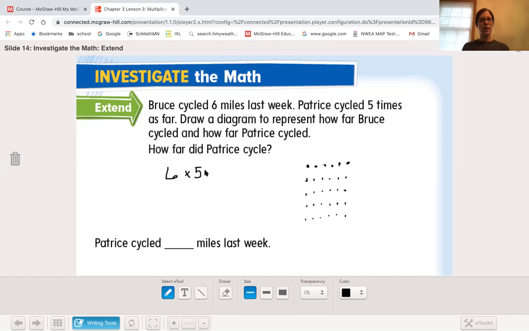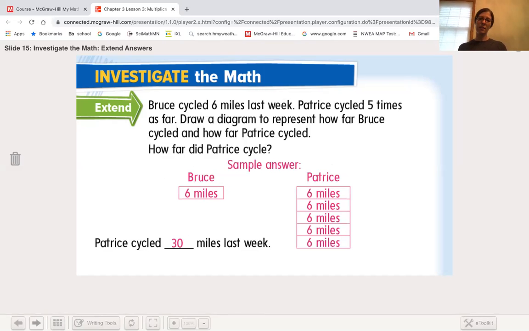Well, 6 times 5 is, that's right, 30. Woo! So Patrice cycled 30 miles last week. Now again, when they ask you to draw a diagram, counters is a fast way to do that. Or a counter like that is fine too. Okay. Great job.